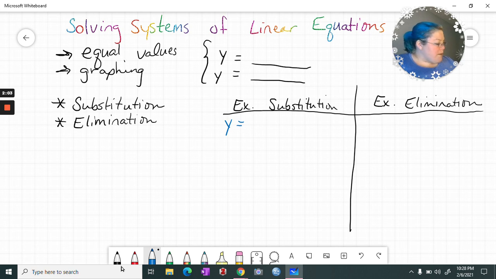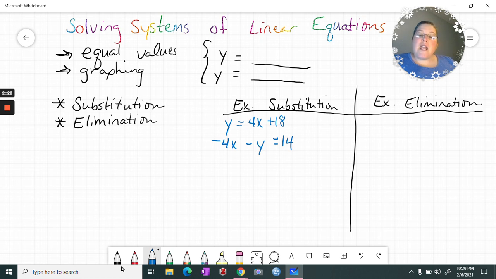So for example, I might have one that is, let's see here, y equals 4x plus 18. And then my second one might be negative 4x minus y equals 14.